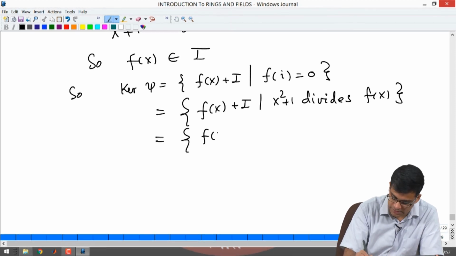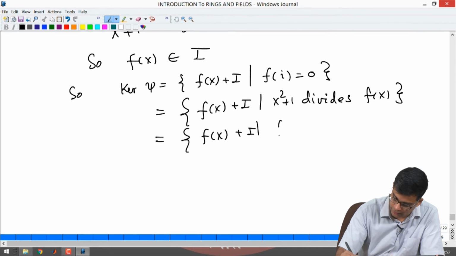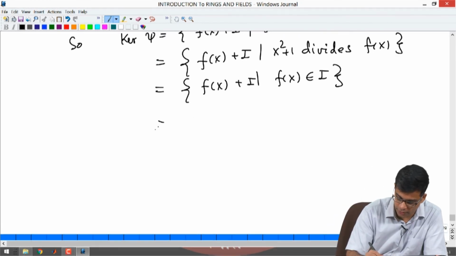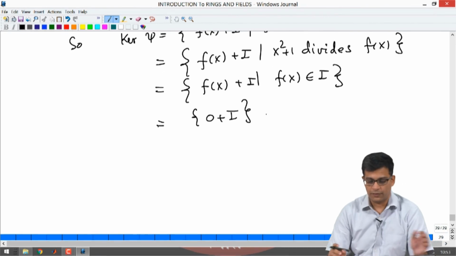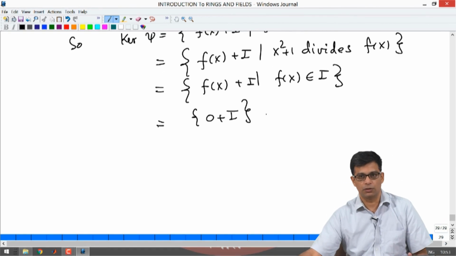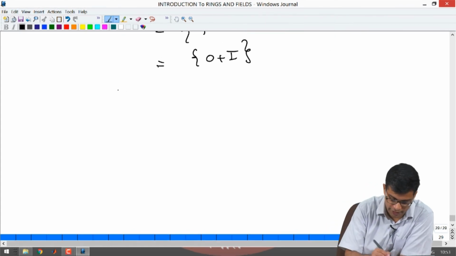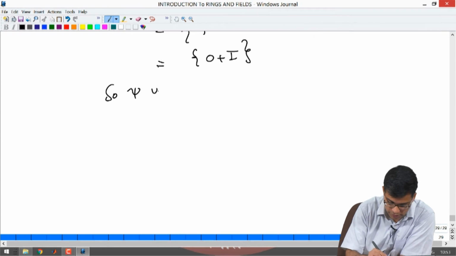That means f x plus I, where f x is in I. But that is exactly the 0 element, right? Because if f x is in I, then f x plus I is 0. So, this is exactly the 0 element, the 0 ideal. So, psi is injective.